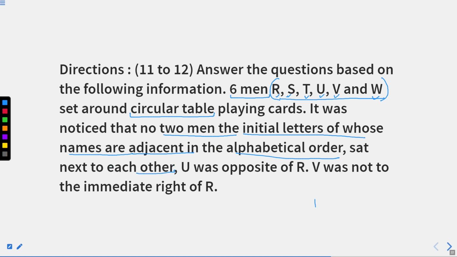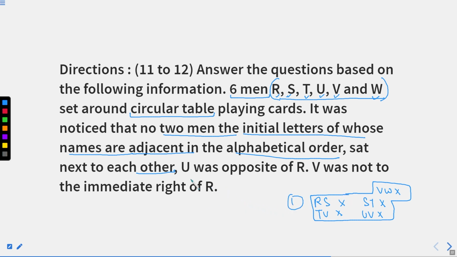It means R and S cannot sit together, T and U cannot sit together, S and T cannot sit together, U and V cannot sit together, V and W cannot sit together. In a similar manner, whatever adjacent alphabets are there, they can't sit together. This is our takeaway from the first instruction.